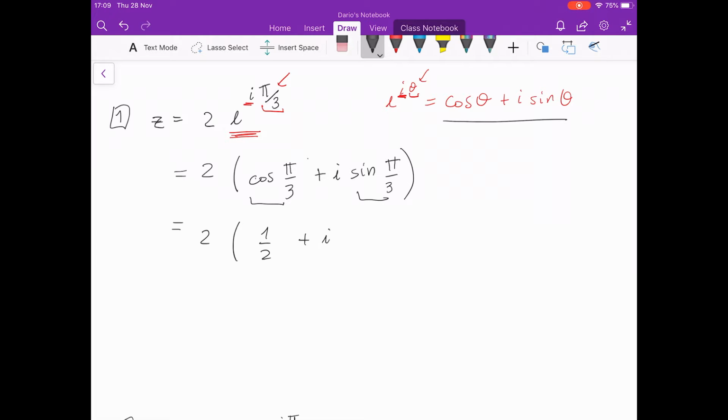And you can check that on your calculator if you're not sure, and plus i sine of π/3, which is square root of 3 over 2. And when we multiply that out, we get 2 times 1/2, which is 1, plus 2 divided by 2, which is 1, and we're left with square root of 3 i. So the real part of our complex number z is 1, and the imaginary part is square root of 3.